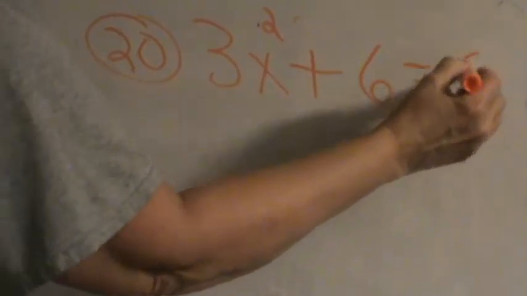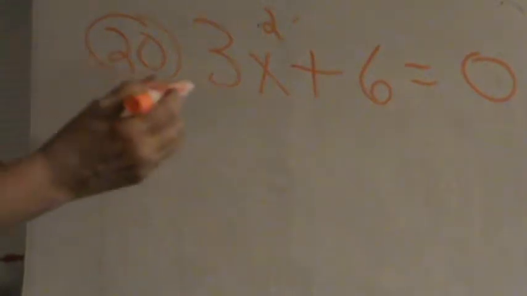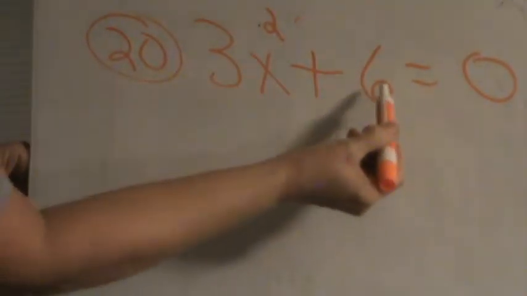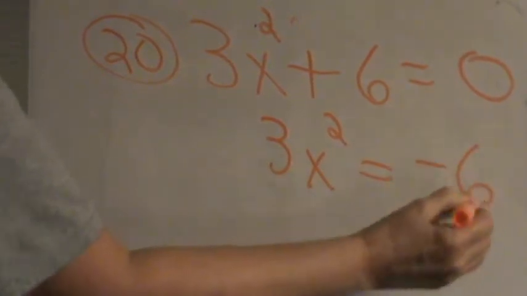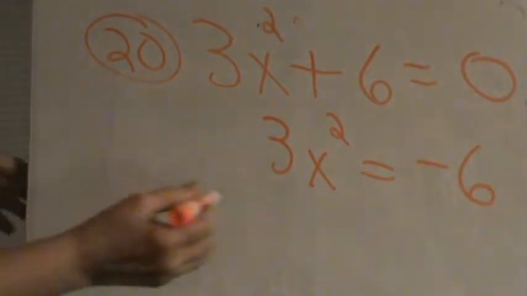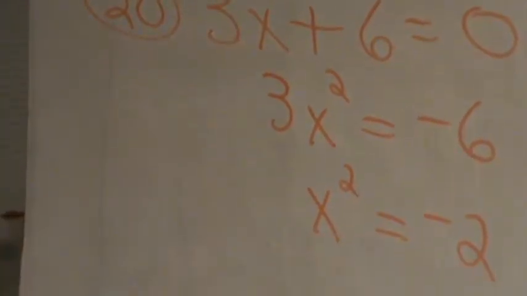Number 20 is a quadratic, but it's a special kind of quadratic. I don't recommend factoring or the quadratic formula. Since you only have an x squared and a constant, take that constant to the other side, which makes it negative. Divide by 3, which gets you a -2.